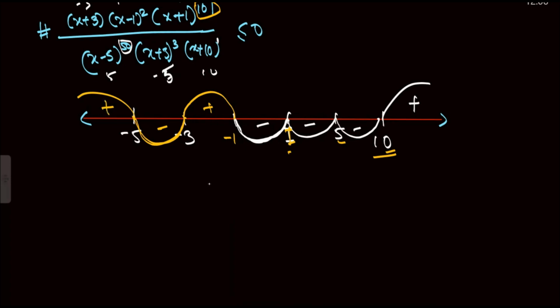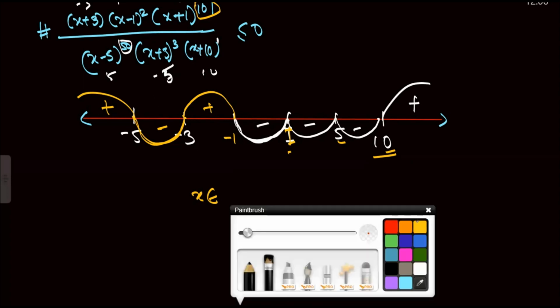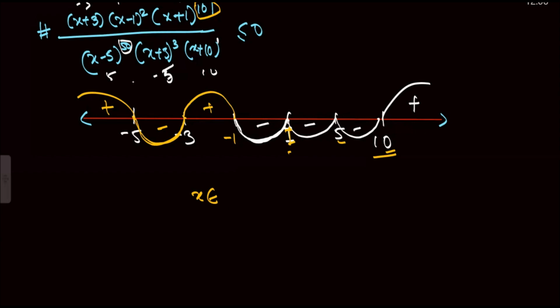Okay, it will work. Now given x belongs to, you know we have done fractions, it is in fraction. Now let's make some hollow and some solid points. -5, is it down or up? It's down, therefore it is hollow, since it won't be equal to 0. -3, where is it?